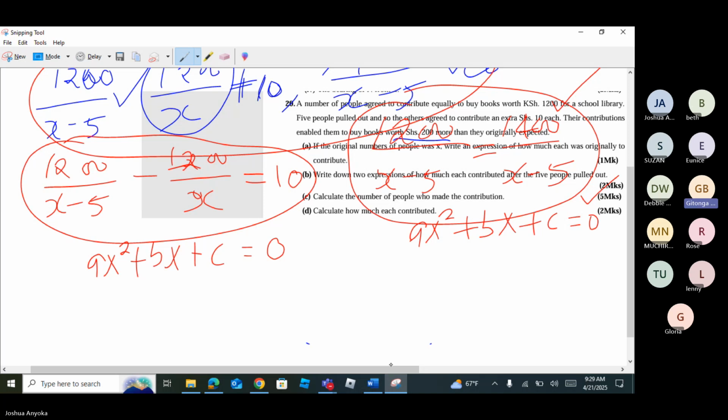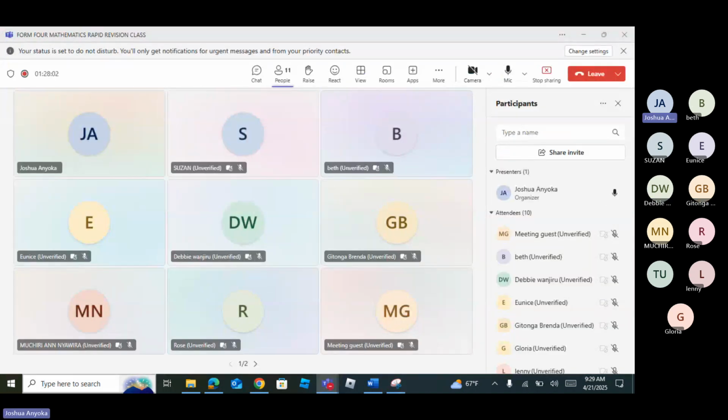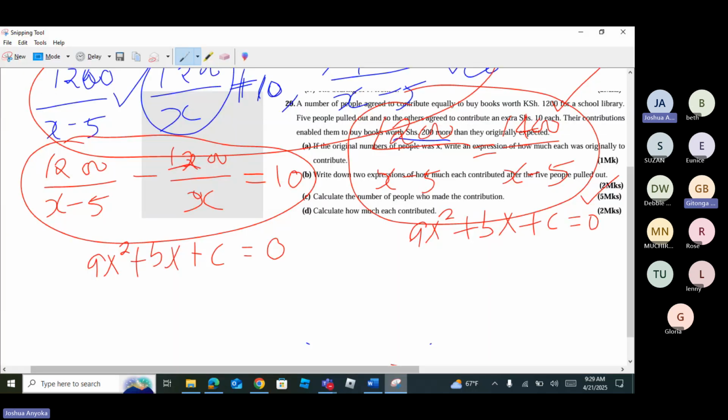After my cross multiply, 1200 over x minus 5 is equal to 1400 over x minus 5, umepata 1200 into brackets x minus 5 is equal to 1400 into brackets x minus 5. Ama umepataje? Mimi nimetumia hii ingine. Natumia hii ya 1400. Good. We are back. 1400.